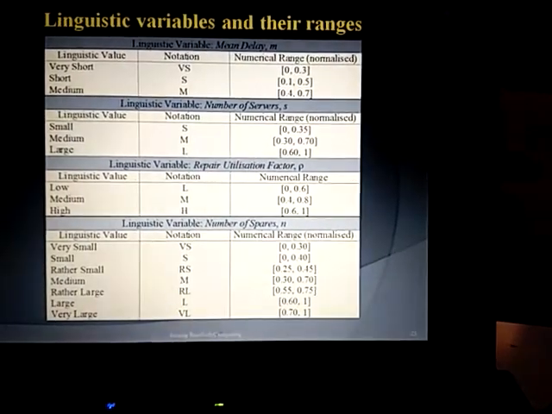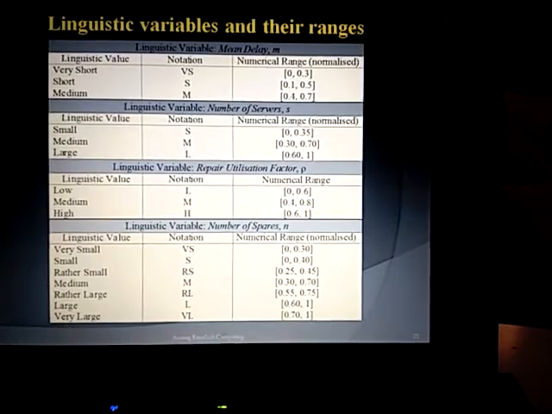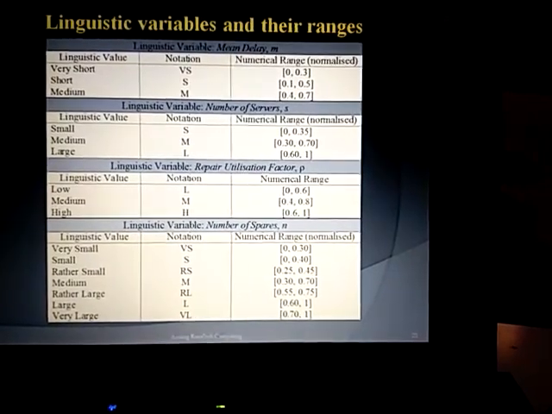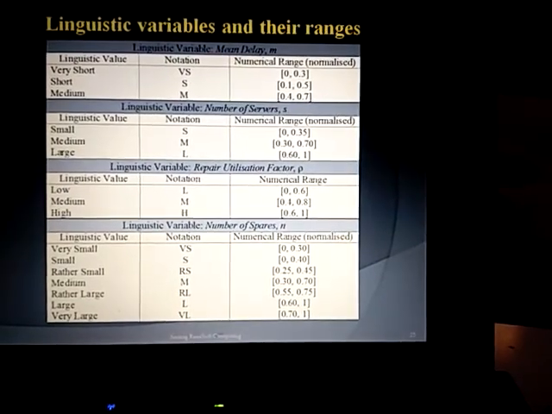For the linguistic variable, very short has a normalized numerical range of 0 to 0.3, short is 0.1 to 0.5, medium is 0.4 to 0.7.